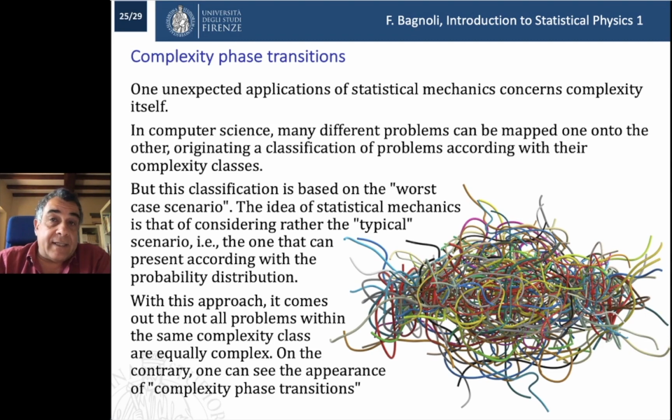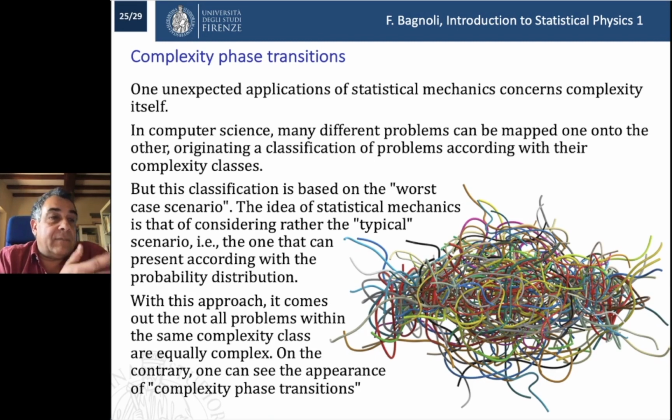And this science has essentially classified the problems into solvable and hard ones. Solvable are those whose complexity grows, say, as n, or as some power of n, with n the number of items, while complex ones are those whose complexity essentially grows as an exponential of n.